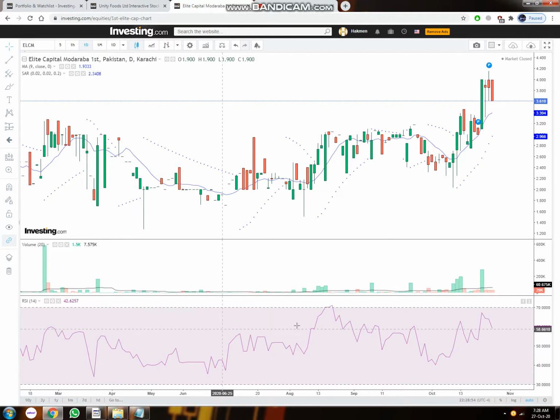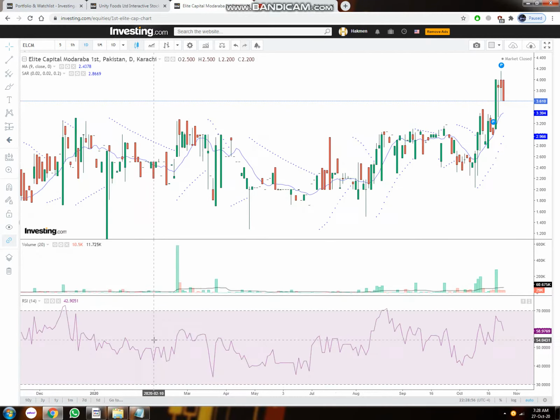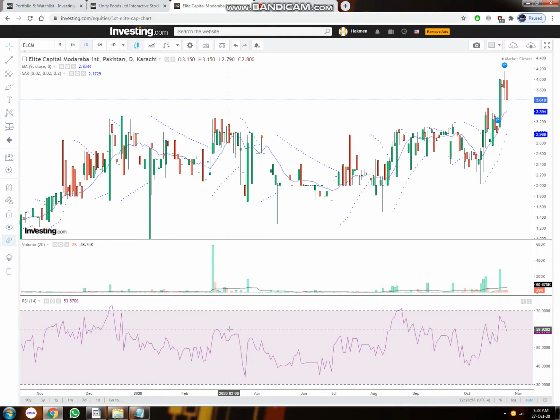So you have to adjust these as well to recognize where the overbought area and the oversold area are. In this case, this is the overbought area, this 59 level, and this one is the oversold area, the 33 level. You can see here. So these 2 points, the 59 and the 33 level, act as overbought and oversold areas.